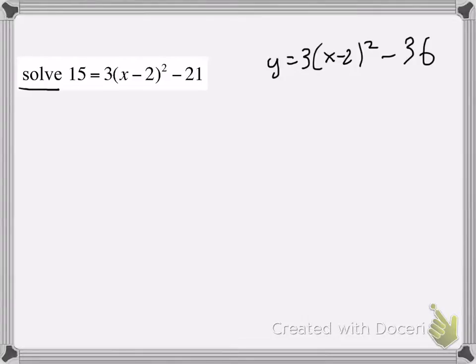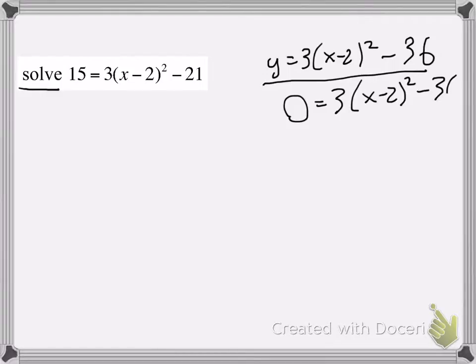If I wanted to find the x-intercepts of this function here, well then I would set y equal to 0, and I would end up getting 3 times x minus 2 squared minus 36. I could move stuff over to the other side and solve it in the same way.